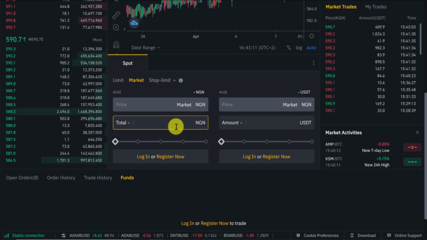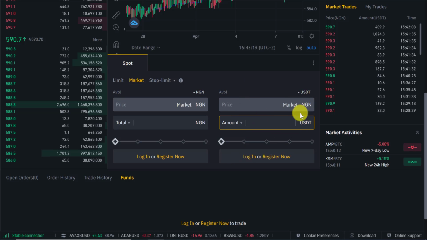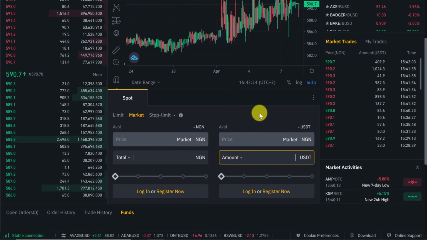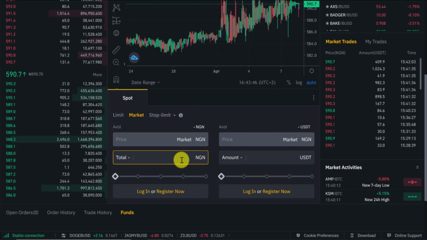And the other way around as well, you can put in the amount when you want to sell back. So if you want the trade to be executed immediately, you use the market order, and you don't need to set the price. You just set the amount of Naira you want to use to buy USDT.